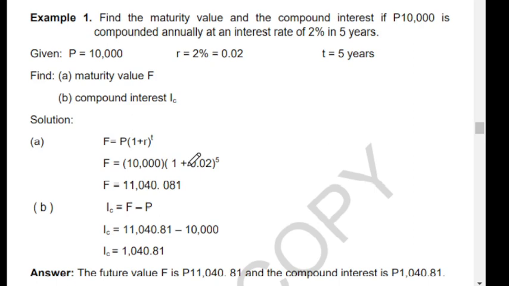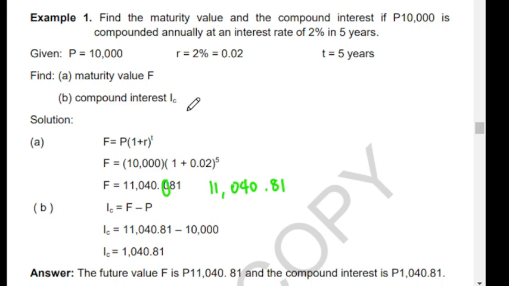So the answer is 11,040.81. Okay? So from here, since this is the answer, 11,040.81 minus the 10,000 principal, the interest is 1,040.81.